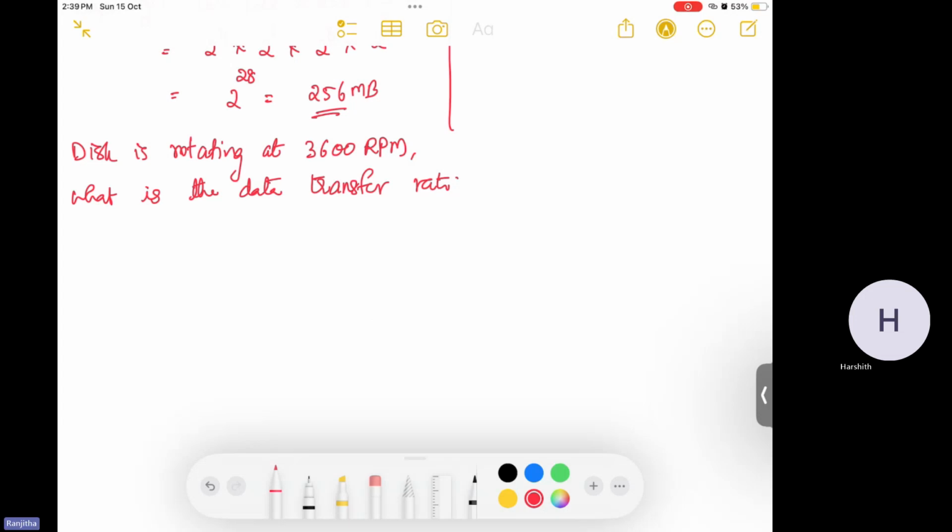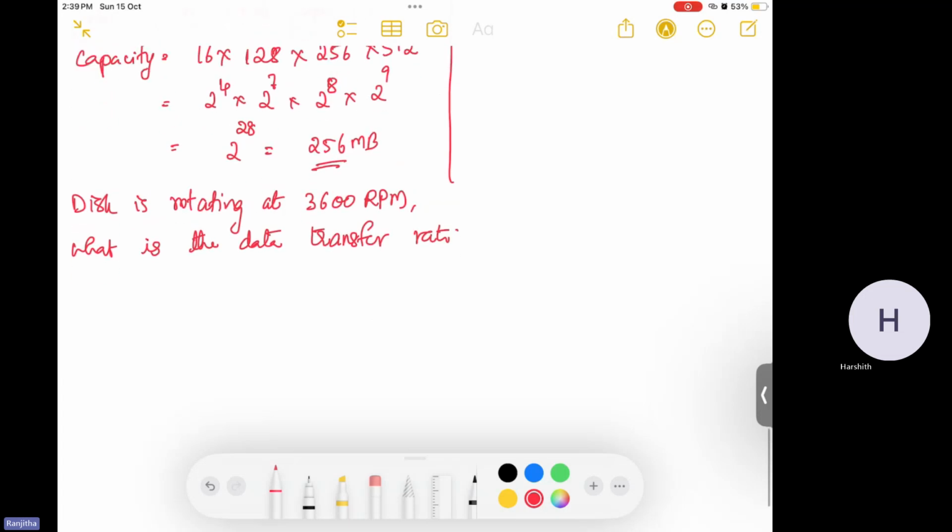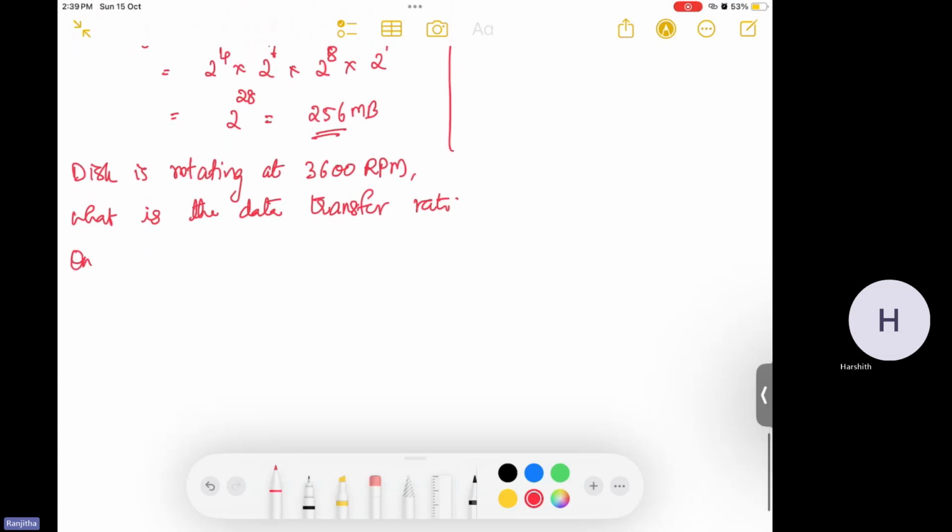So we know that when the disk is rotating, it goes over the full sector, and however many bytes there are on that particular track, those many bytes will get transferred. Let us see the number of bytes in a particular track.